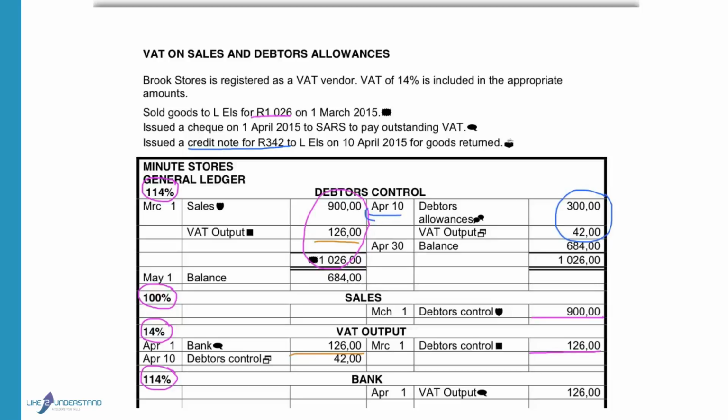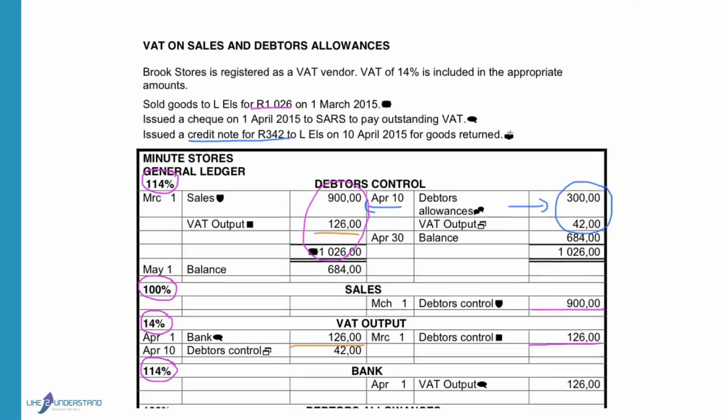If they return goods, we must reduce them with the debtors allowances to reduce sales and with the VAT output. We will do the calculation for this returns of the goods to determine the amount that will reduce VAT output and the amount that will reduce the sales.